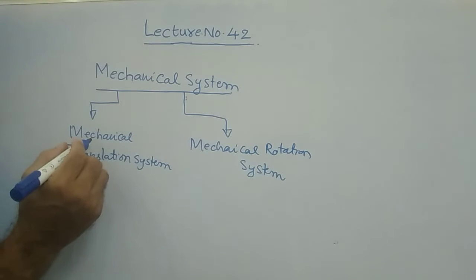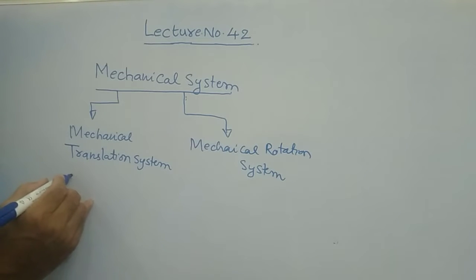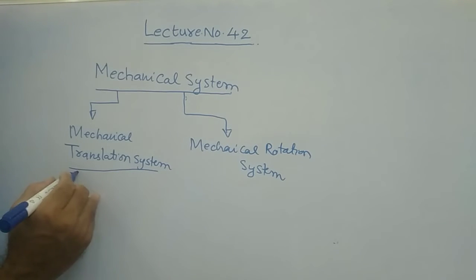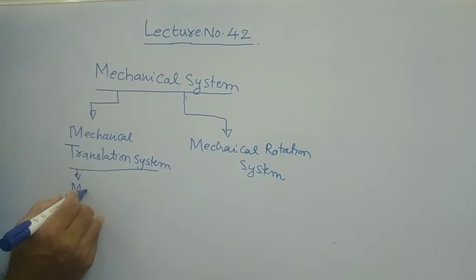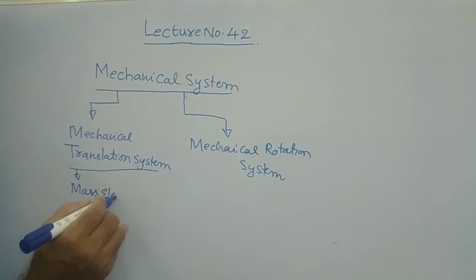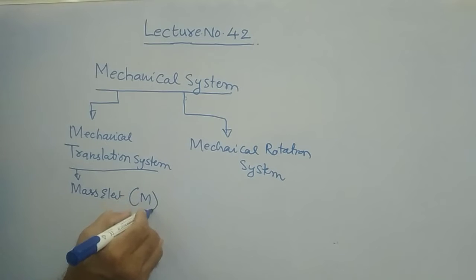Say for example, in this mechanical translational system, the main elements we have are the mass element, denoted by m.